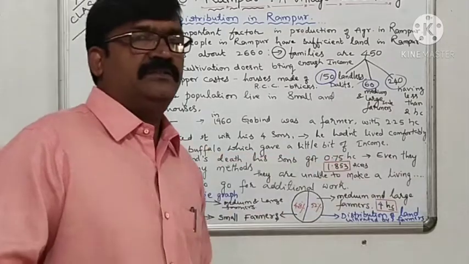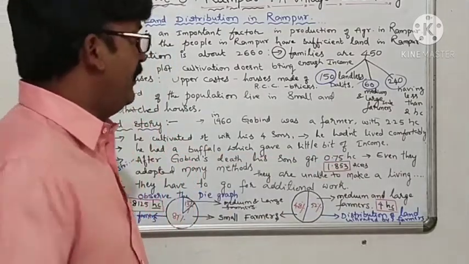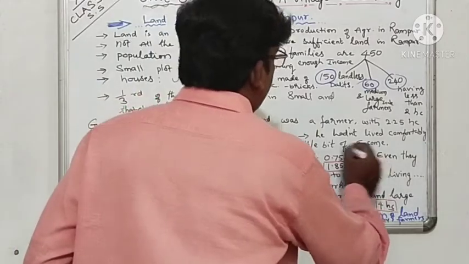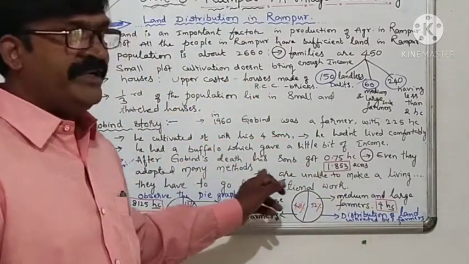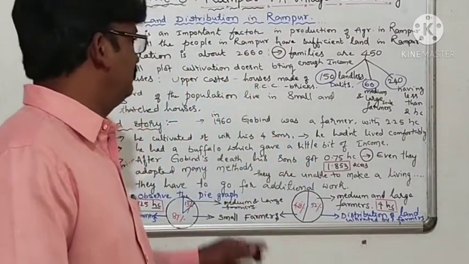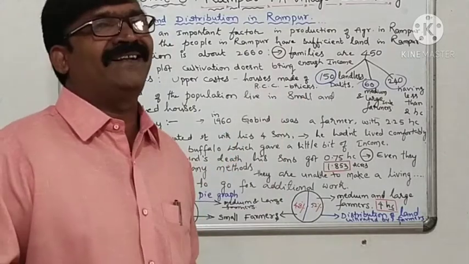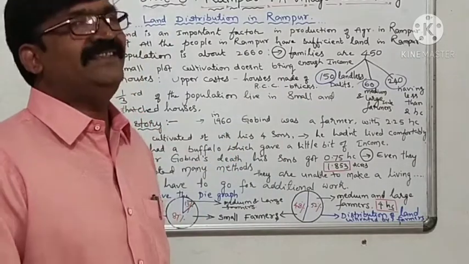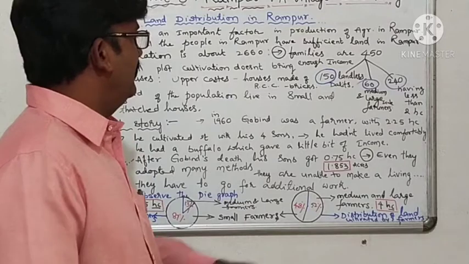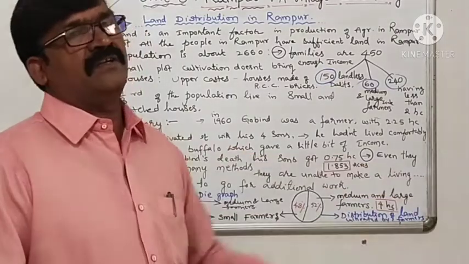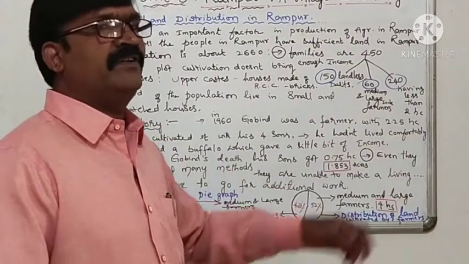So they started cultivation. Even though they adopted many systems, many methods in cultivation, they are unable to get a comfortable yield. They are unable to make a living comfortably.